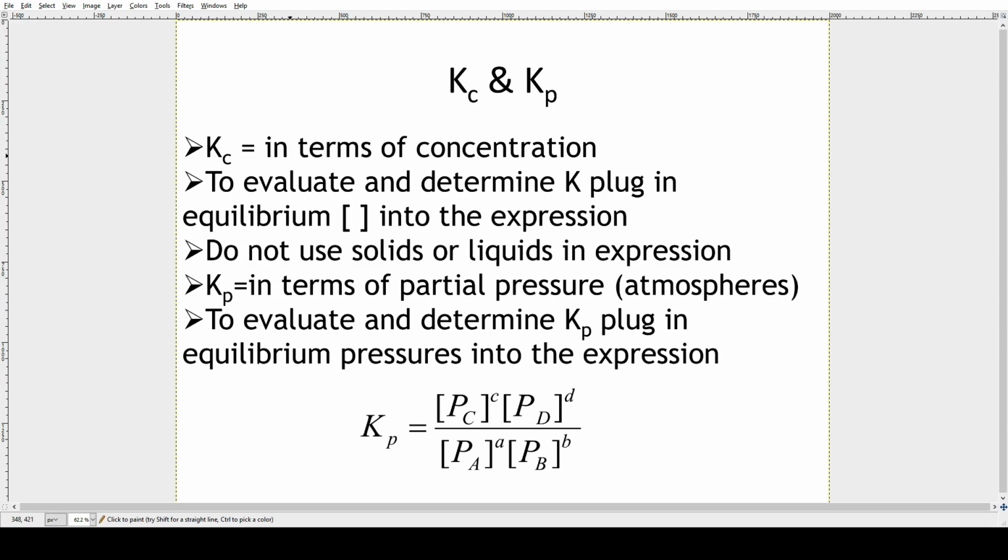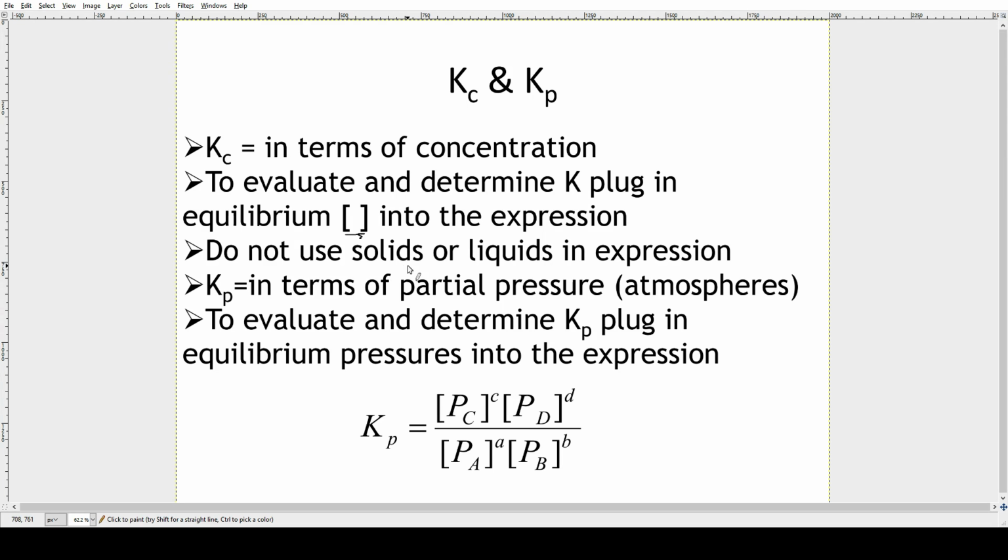So again, Kc is in terms of concentration, and to figure out Kc, you need to plug equilibrium concentrations into the expression. We do not use solids and liquids in Kc. And see if you can figure out why. You could pause if you want to think about it.